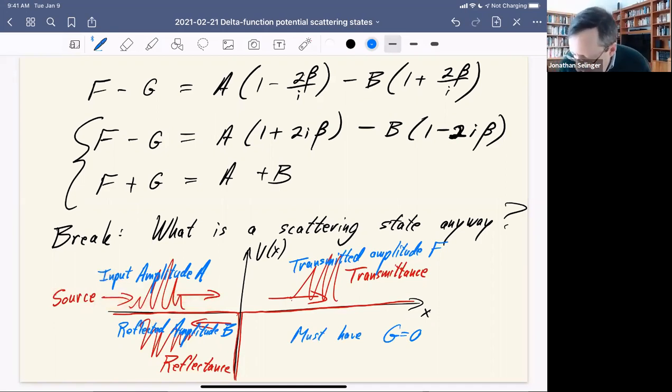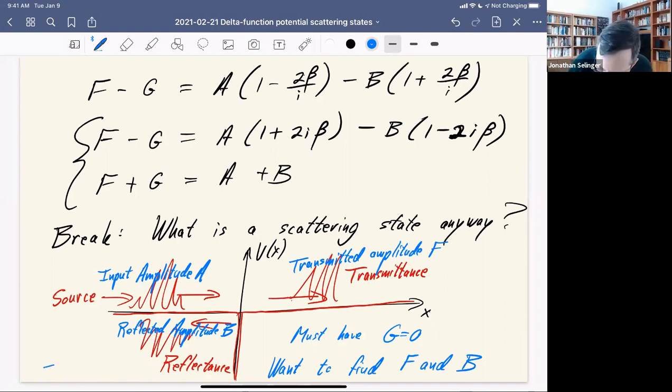Okay, so that says that in our scattering experiment, we want to find F and B, the transmitted amplitude and the reflected amplitude. And we want to find those things in terms of A, right?